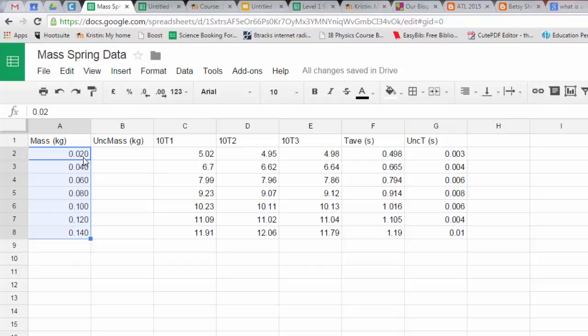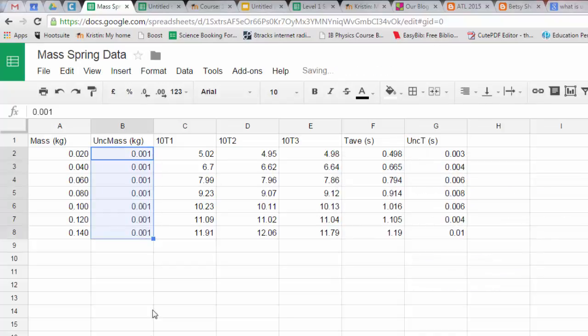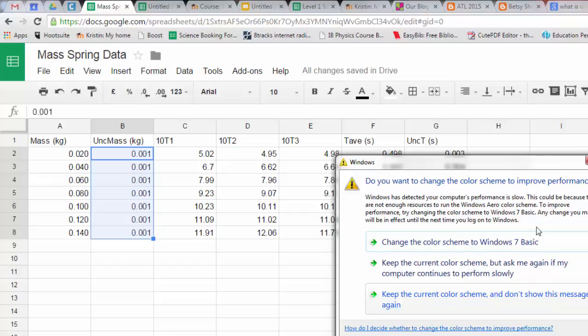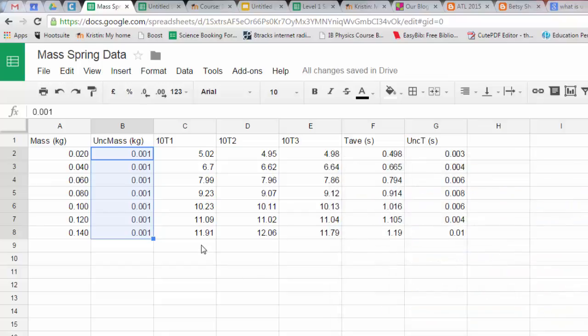That means that I can assume that the 0 is correct. And I'm going to be plus or minus 1 gram, just to be safe. So my uncertainty is going to be 0.001 kilograms, and that's true for all of them. I don't know what this error is. Nope. Okay.